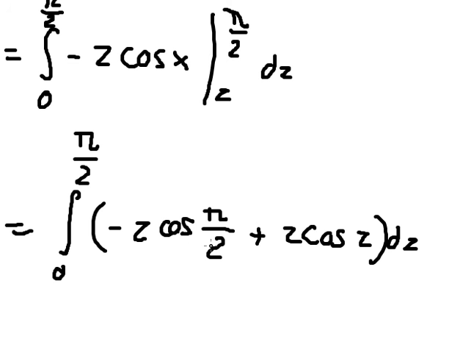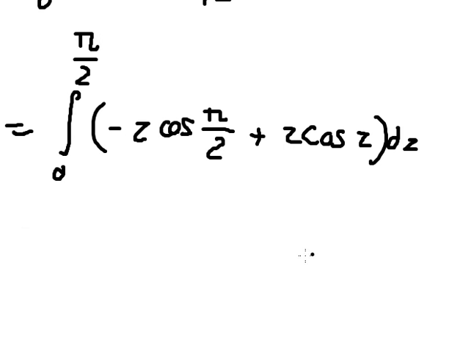Cosine of b over 2, you get 0. So we just have only z cosine z.